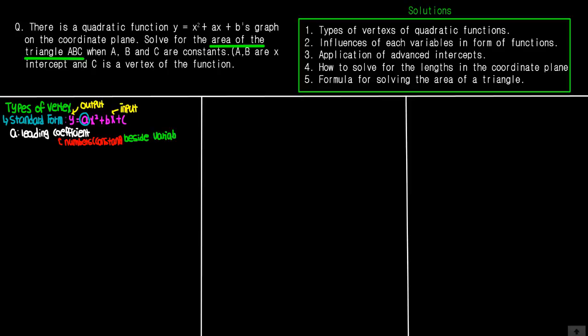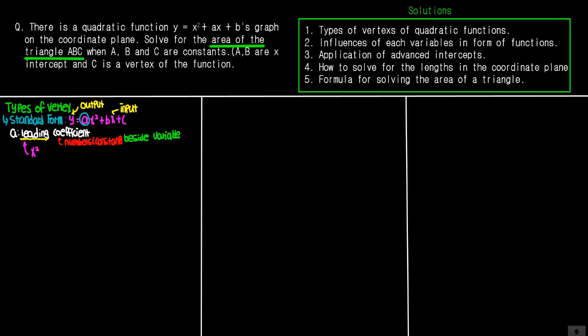But the leading coefficient is obviously different from a normal coefficient, and that is just because of the word leading. If you think about what this leading means, then we can relate it to our function. Leading refers to the x squared.